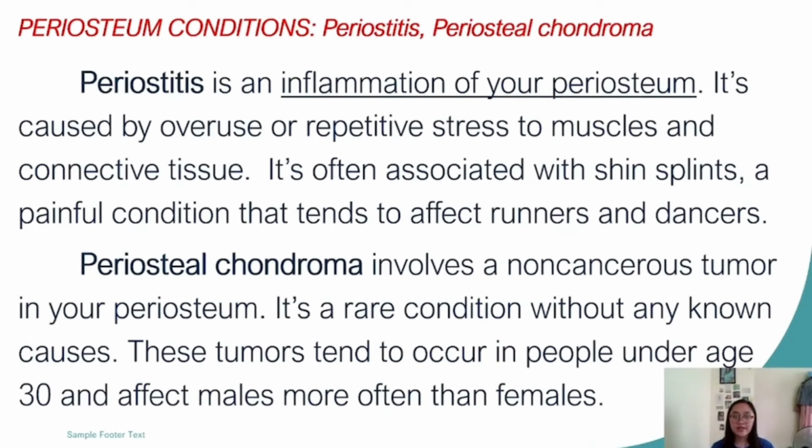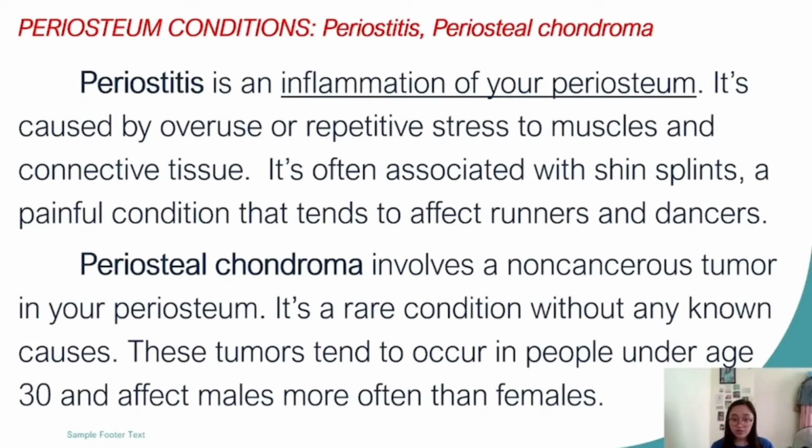It is caused by overuse or repetitive stress to muscles and connective tissue. It's often associated with shin splints, a painful condition that tends to affect mostly runners and dancers. The other condition is the periosteal chondroma, and it involves a non-cancerous tumor in our periosteum.